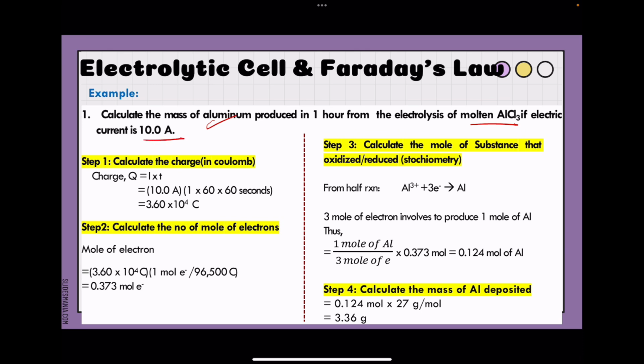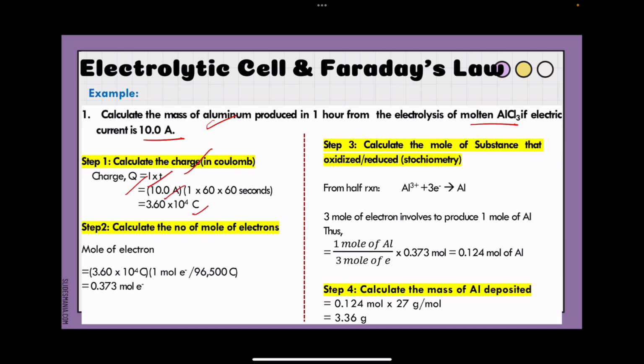Step 1, calculate the charge. The charge Q equals current times time. That is 10 amperes multiplied by 3600 seconds, which equals 3.6 times 10 to the power of 4 coulombs.